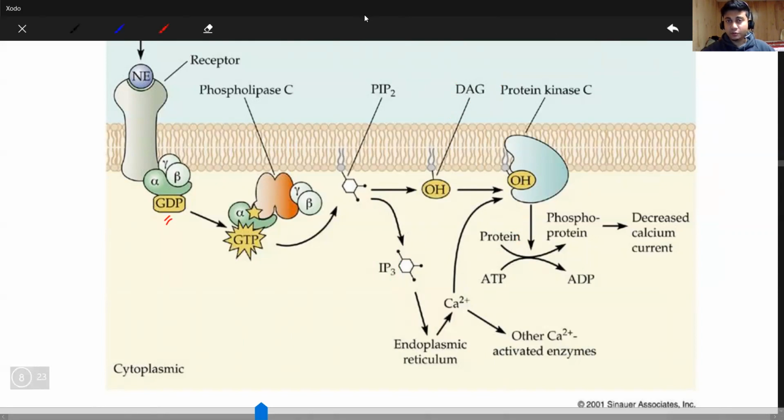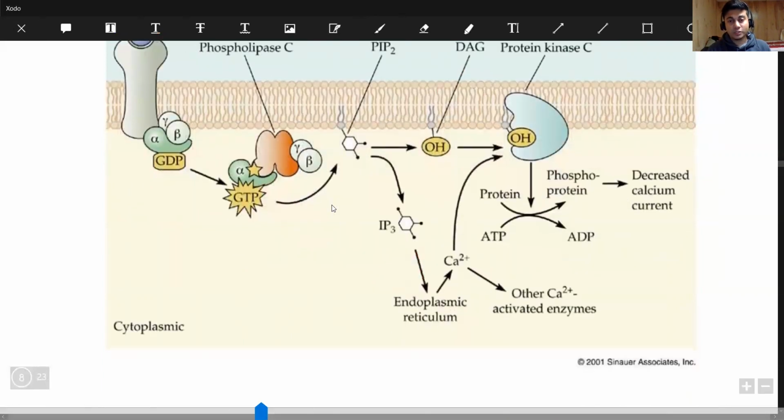The alpha subunit will be detached with GTP, and this GTP containing alpha subunit will stimulate phospholipase C, which will work on the PIP2 to convert it into IP3 and diacylglycerol. Diacylglycerol works on the protein kinase C, so that protein kinase C will activate several proteins. IP3 works on the endoplasmic reticulum, which releases the calcium, and this calcium works on other enzyme activities. That's how your Gq coupled receptor works.